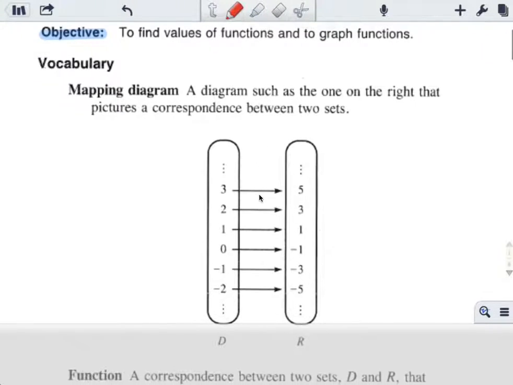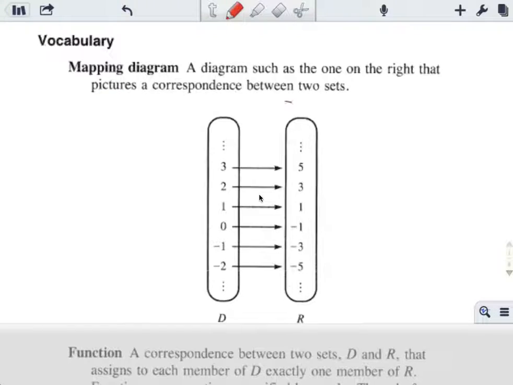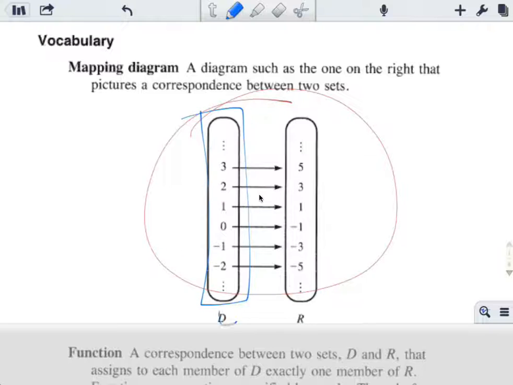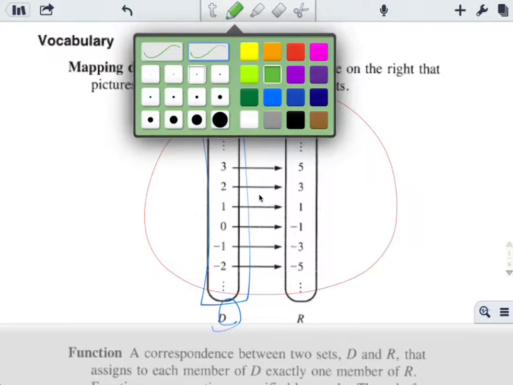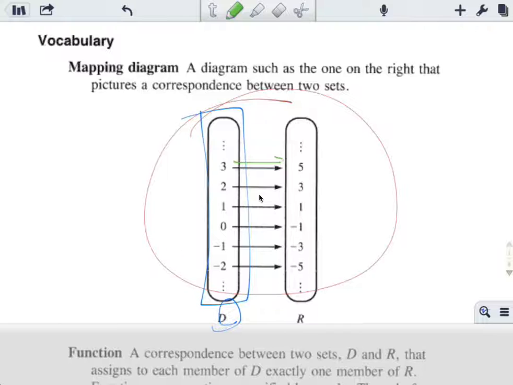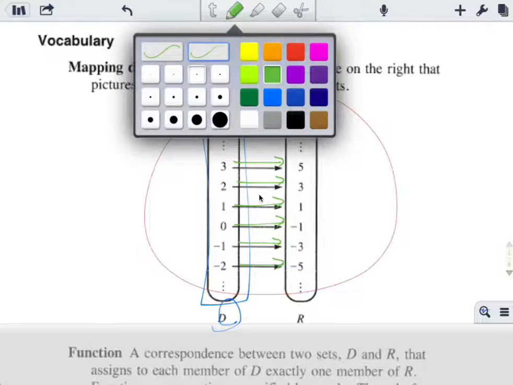The first is a mapping diagram. Okay, this right here is a mapping diagram. What it does is it takes values in the domain. The domain is over here on the left. We'll note it with a D. And it maps them. In other words, it draws an arrow like so to a particular value in the range.